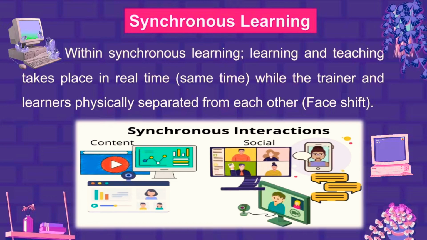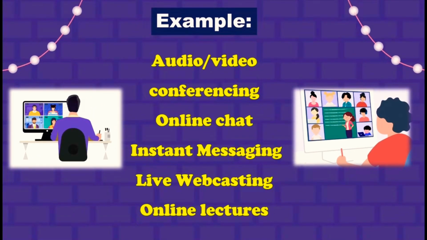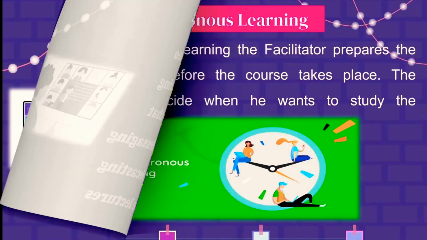The term is most commonly applied to various forms of television, digital, and online learning in which students learn from their instructors and colleagues in real time but not in person. Examples of synchronous learning are audio or video conferencing, online chat, instant messaging, live webcasting, and online lectures.